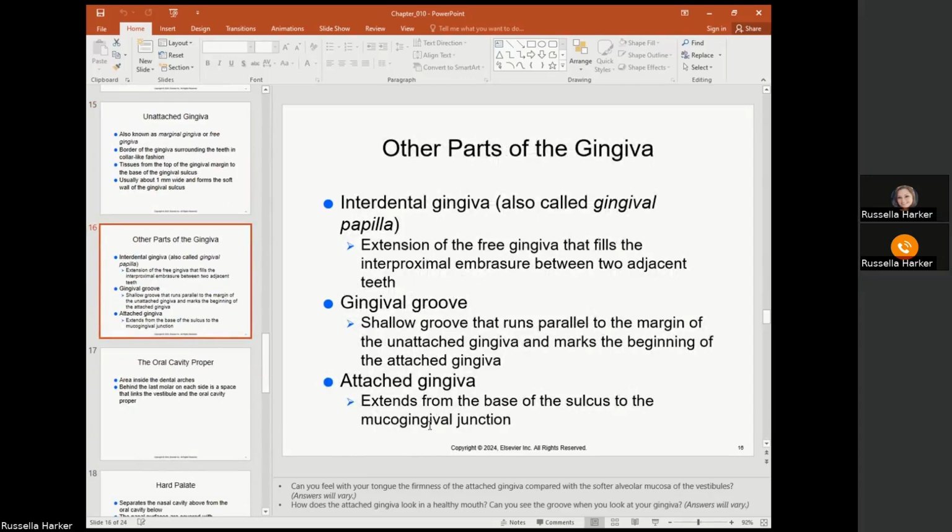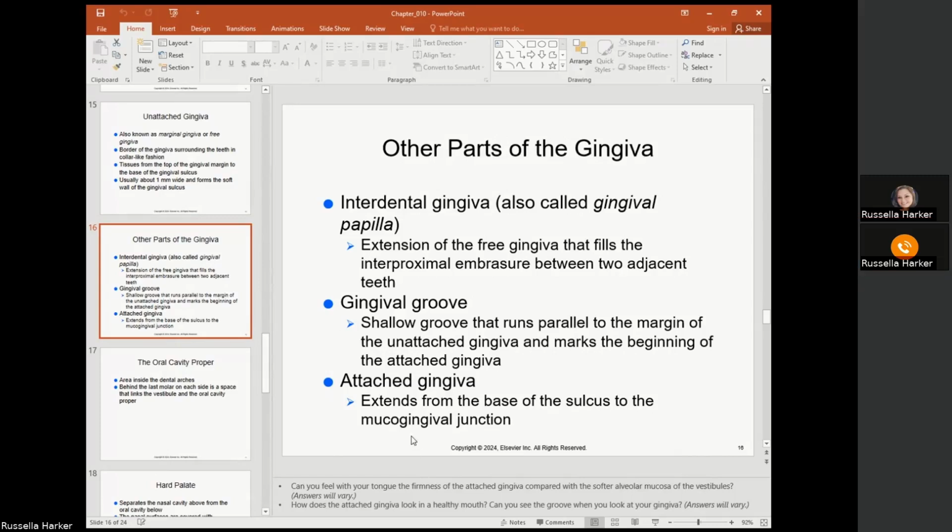Other parts of the gingiva, you have the interdental gingiva, also called the gingival papilla, which I talked about a moment ago. It's an extension of the free gingiva that fills the interproximal embrasure between two adjacent teeth. So it's that little point between the two teeth. The gingival groove is a shallow groove that runs parallel to the margin of the unattached gingiva and marks the beginning of the attached gingiva.